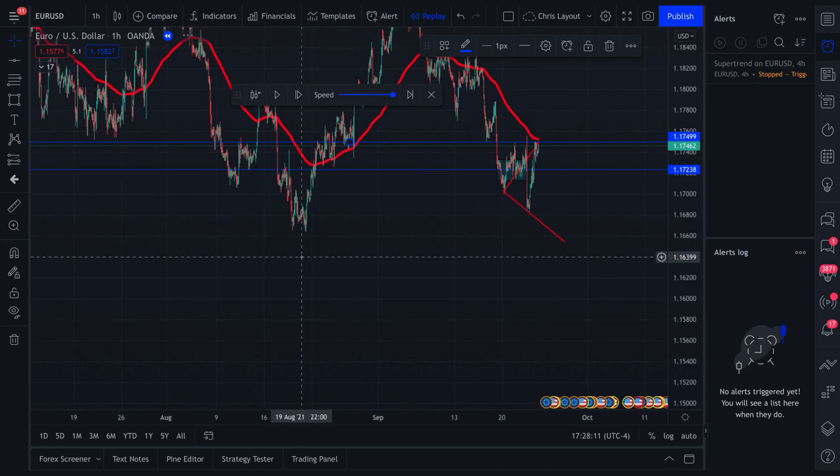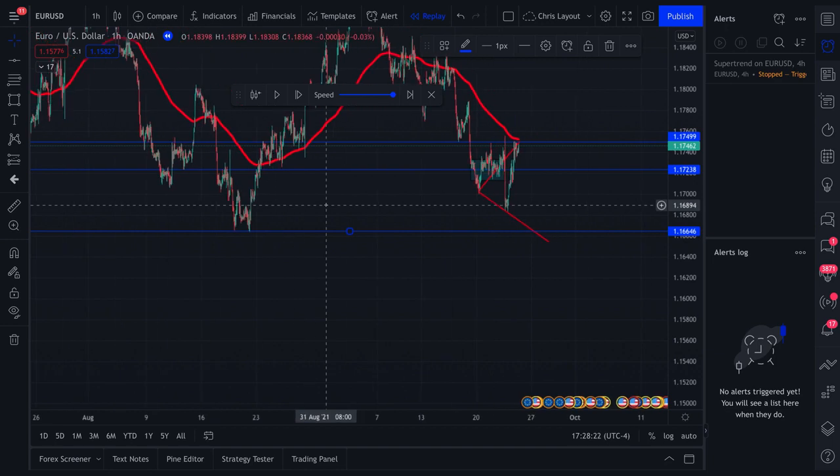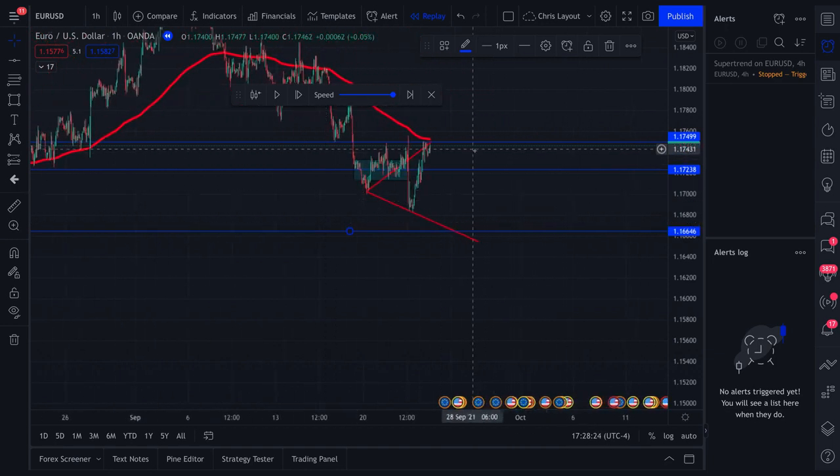And then based on a past point of support, I would throw a line here as a take profit. And as you can see, this is the size of my risk. This is the danger zone. This is where I would put my stop loss, and this is where I would put my take profit. And it looks bigger, so it looks like a great risk to reward ratio, which you're gonna learn later.